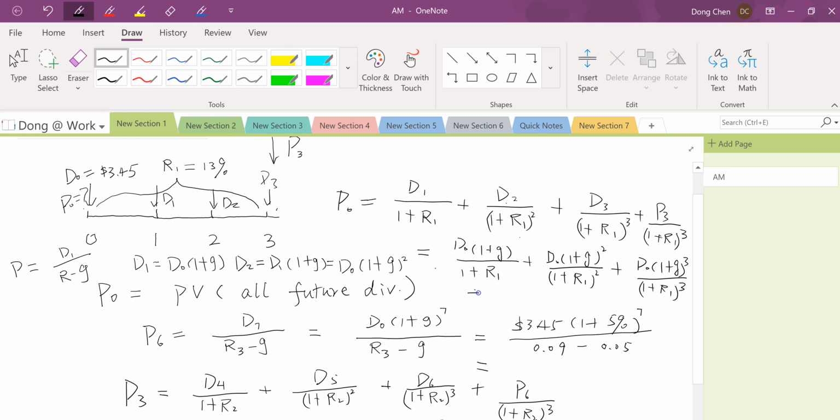And finally, P3 divided by 1 plus R1 raised to the power of 3.